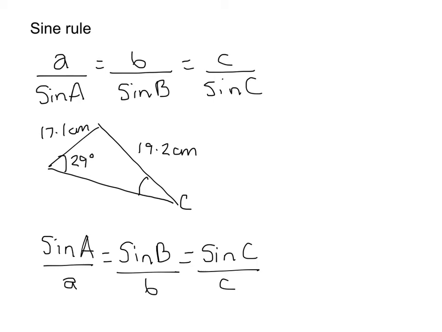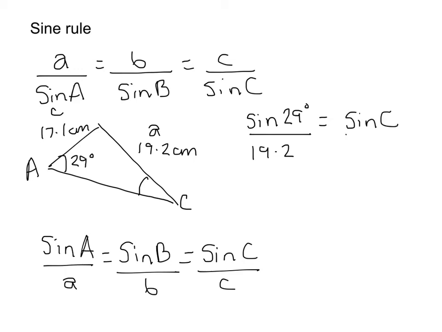Well, first of all, let's label the triangle. So if this is big C, then 17.1 centimetres must be little c, and I'll call 29 degrees big A, which makes 19.2 centimetres little a. Substituting in gives me sine of 29 degrees over 19.2 equals sine of big C over 17.1.